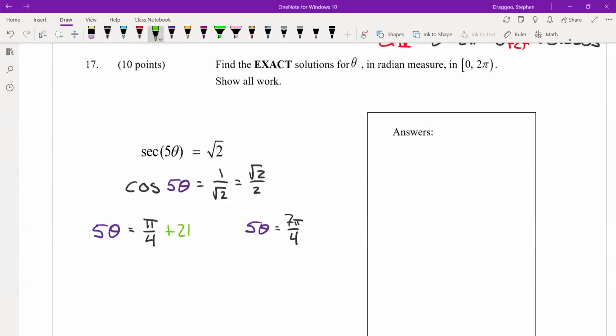Then I'm going to add 2k pi to each, in a different color on both sides, because anything coterminal to either pi over 4 or 7 pi over 4 would also solve the equation. But now I've got to deal with the fact that I had 5 theta instead of just theta. So let's put an or right there. I should divide both sides by 5. This will be pi over 20 plus 2k pi over 5.